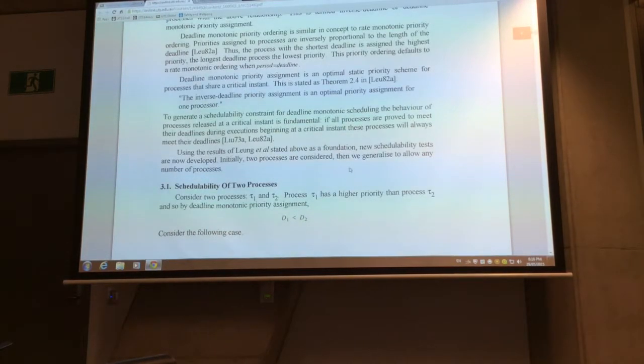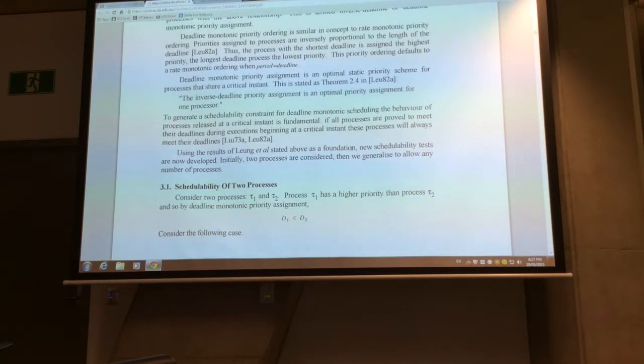And of course, in deadline monotonic assignment, we can imagine the priorities now being ordered inversely with respect to the deadlines, not the periods. So the process with the shortest deadline has the highest priority, not the shortest period, shortest deadline.